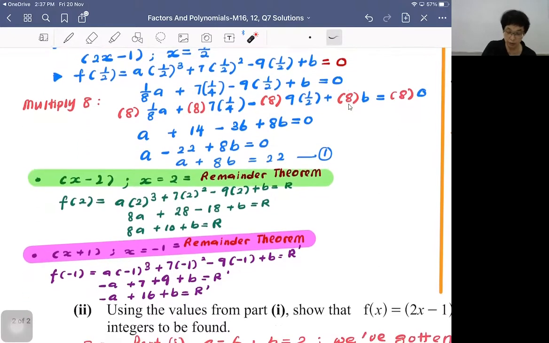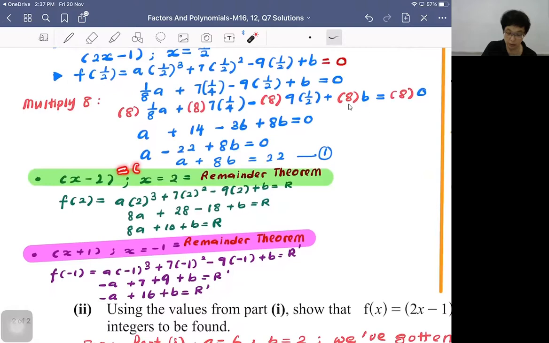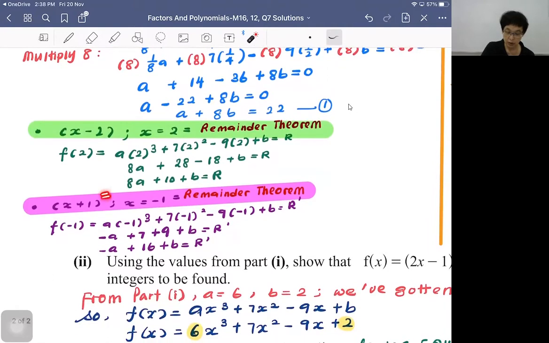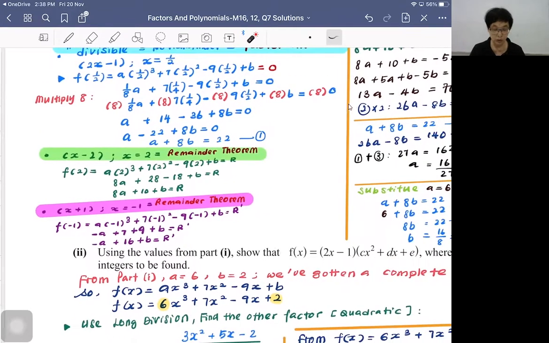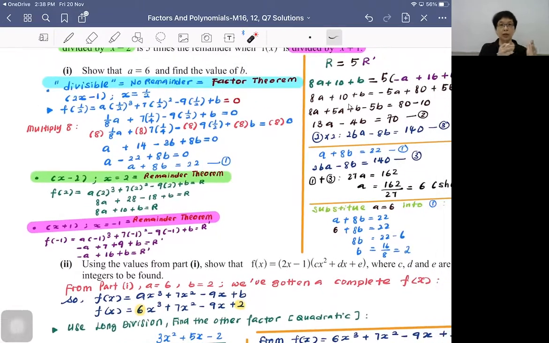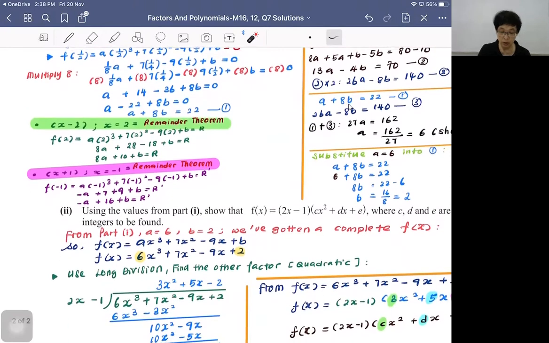The same thing here, x minus 2 equals 0, and that's how we get x equals 2. X plus 1 equals 0, and therefore we get x equals negative 1. So that's just to draw your attention to how we relate the divisor, whether it's a factor or just any divisor, over the polynomial. Okay, now we go on.